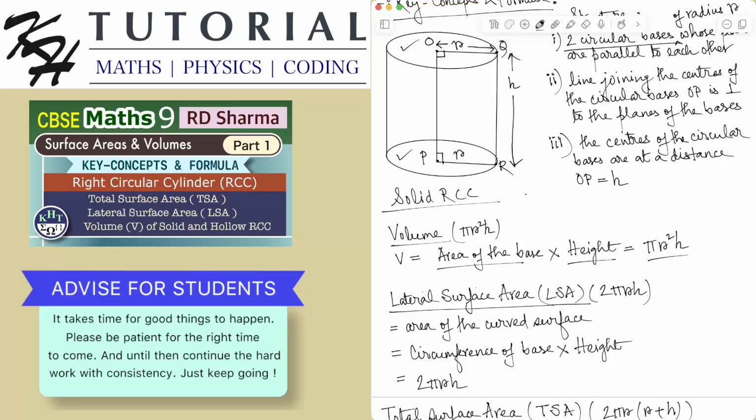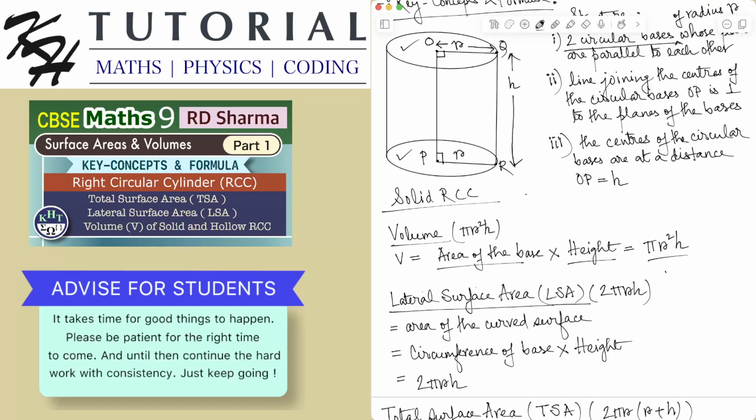So the lateral surface area is 2 pi r h. Now why 2 pi r h? I hope you will be able to visualize the lateral surface area, the curved surface, as a rectangle.